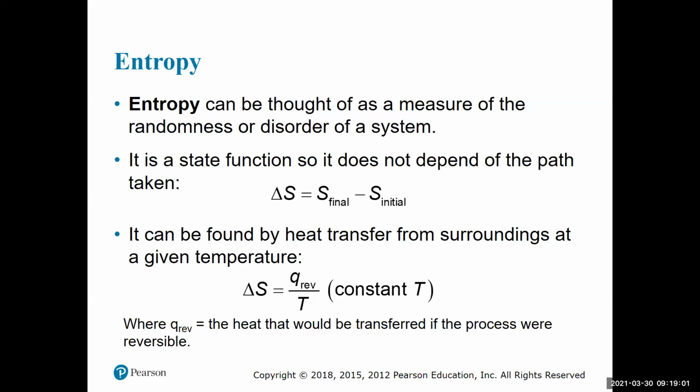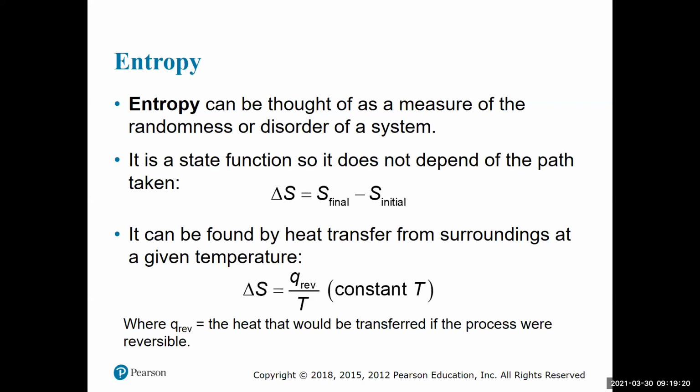We can find delta S by looking at the heat transfer from the surroundings at a given temperature. So remember here we have delta S equals q reverse divided by T. T is a constant temperature.